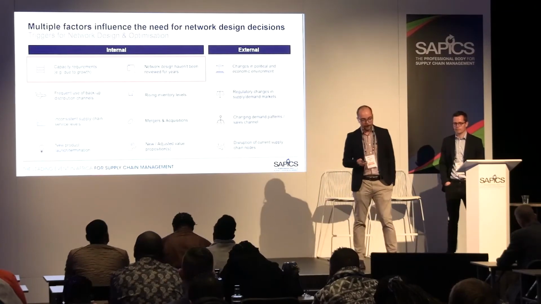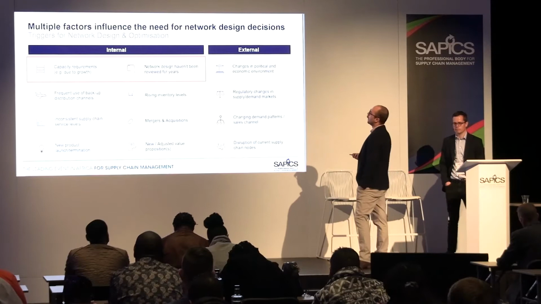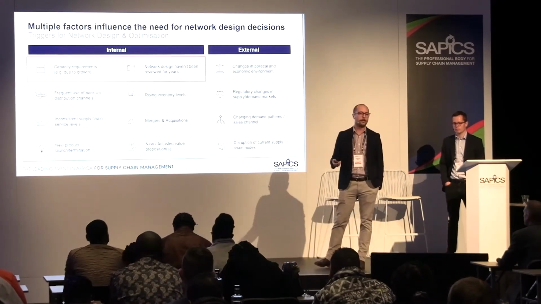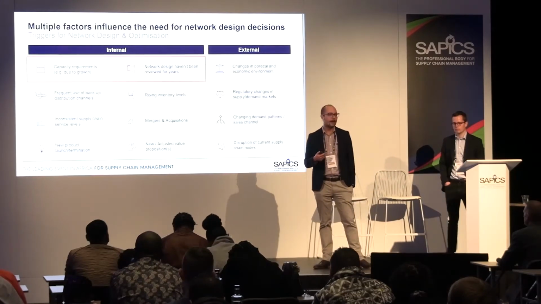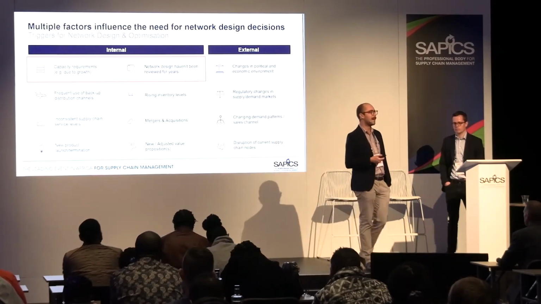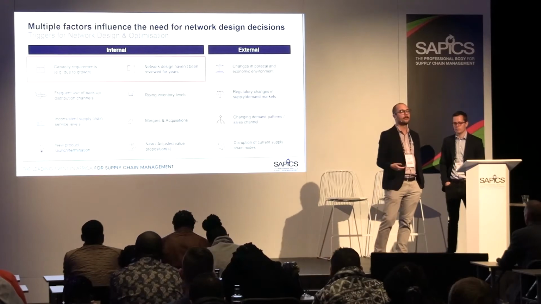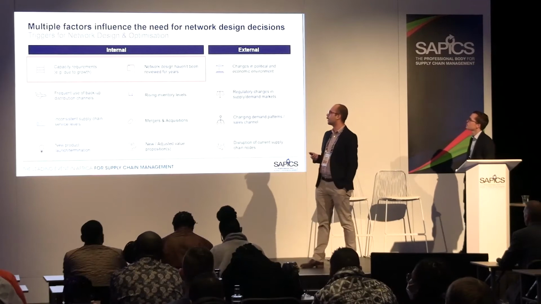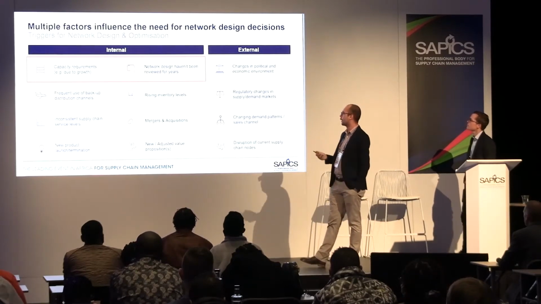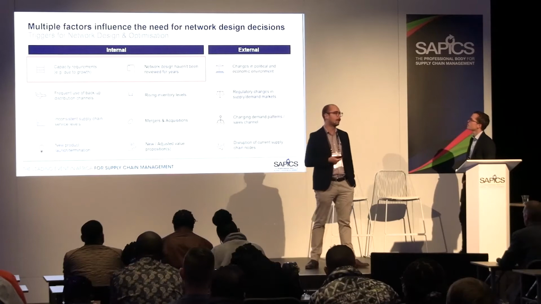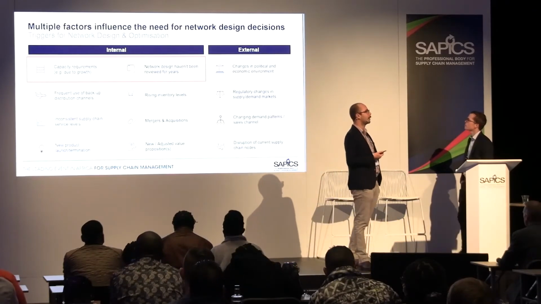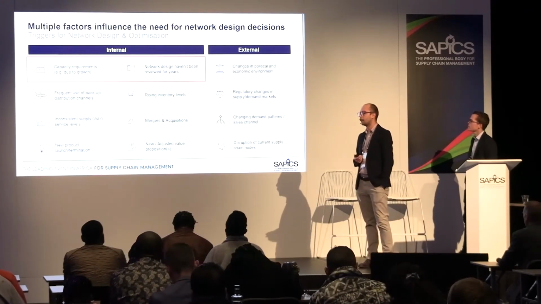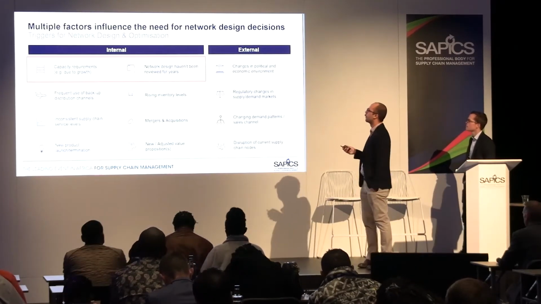Some of the other internal triggers, I'm not going to go through all of them. Frequent use of backup distribution channels. So if you are air freighting things often, that might raise some eyebrows and lead you to wanting to redesign your network. Rising inventory levels is another good example. Inconsistent supply chain service levels. If you are consistently disappointing your customers in terms of service, that might be a good trigger to look at your network and see how you can improve your service in that regard.